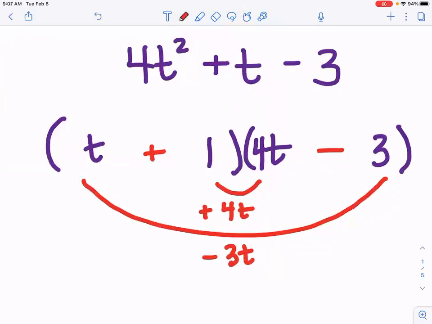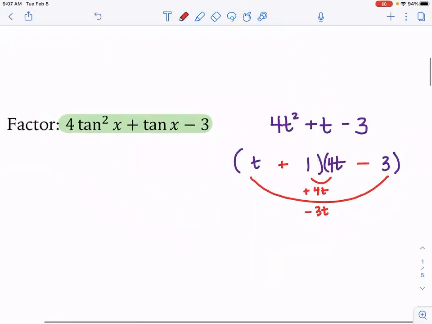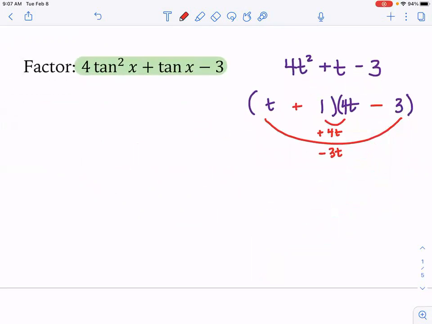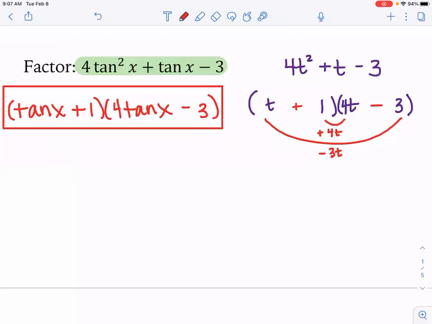Okay, well, if 4t squared plus t minus 3 factors to this, then if we have 4 tangent squared x plus tangent x minus 3, then that would factor to tangent x plus 1 times 4 tangent x minus 3. What do you think?